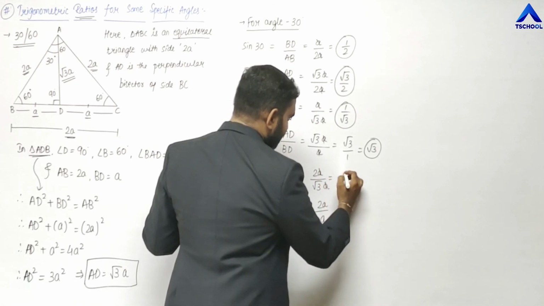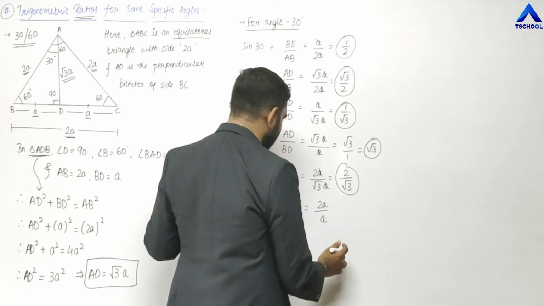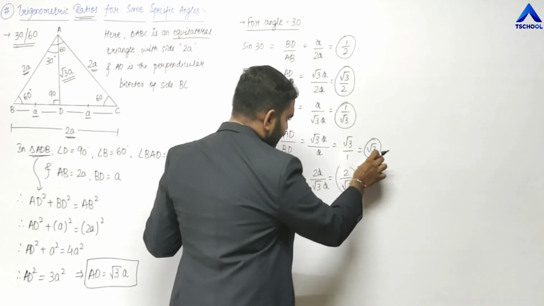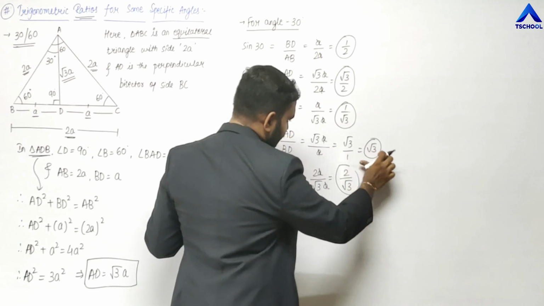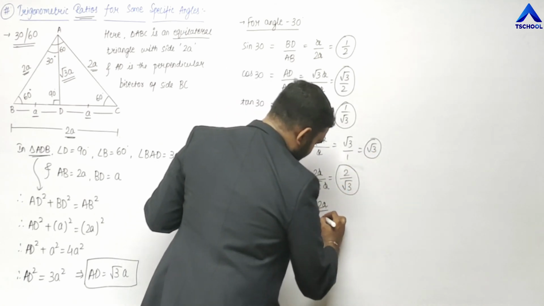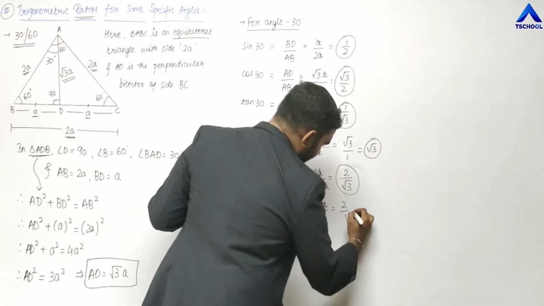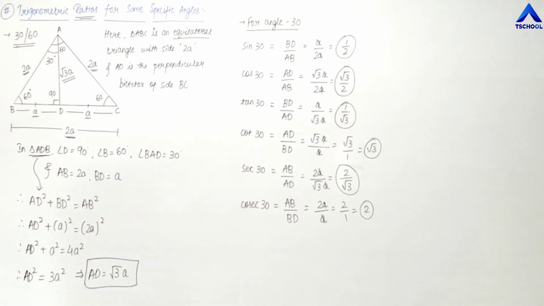That becomes 2 by root 3 for sec 30. And finally, 2 by 1, which is 2 for cosec 30.